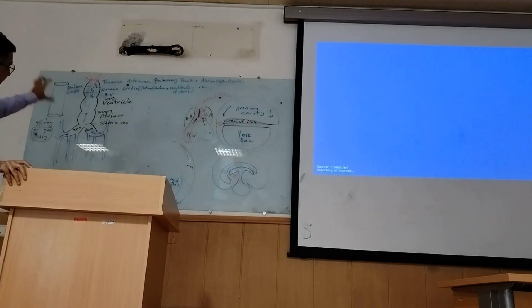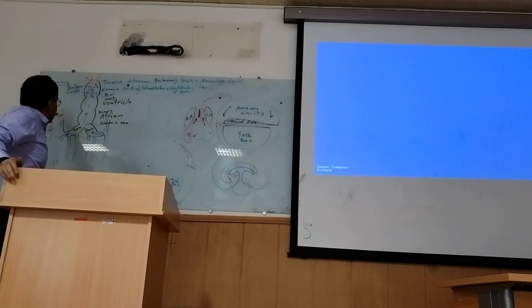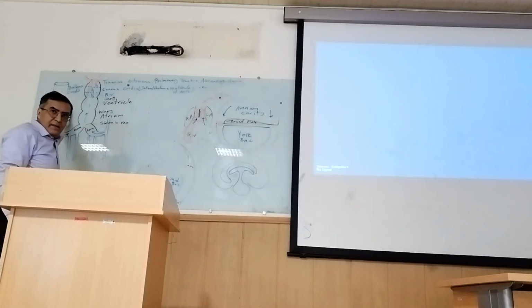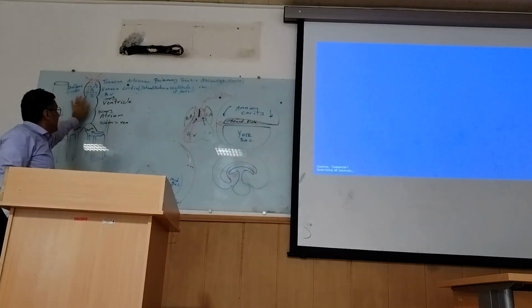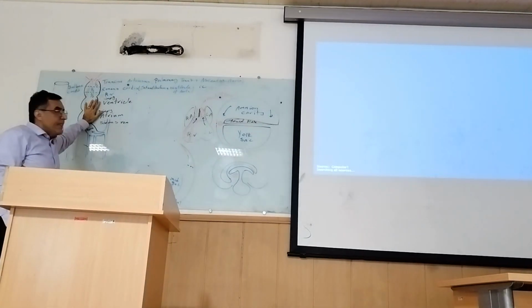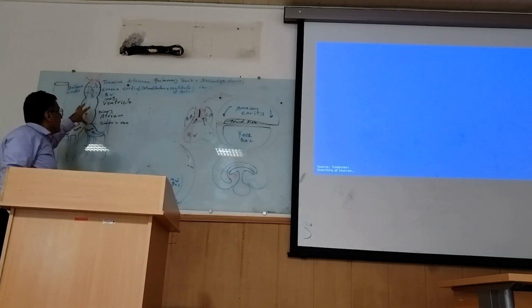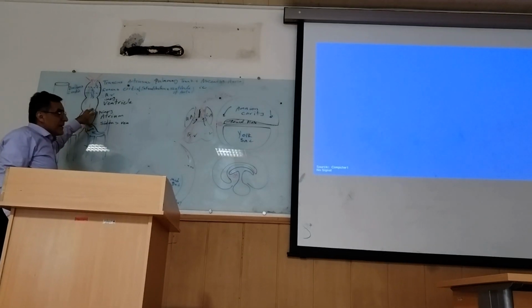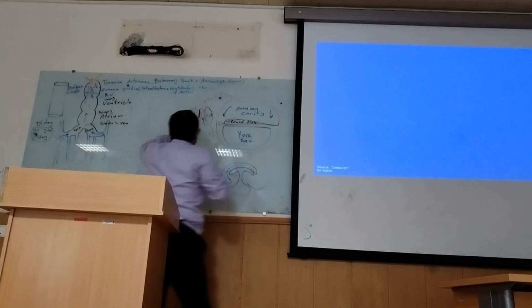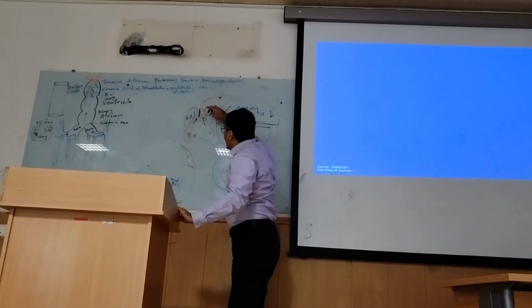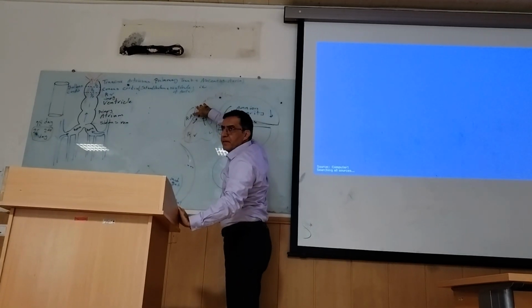Now, as you see, I changed the simple tube to a complicated tube. But it's not like a real heart, because if you look at the real heart, look at the position of the atria.